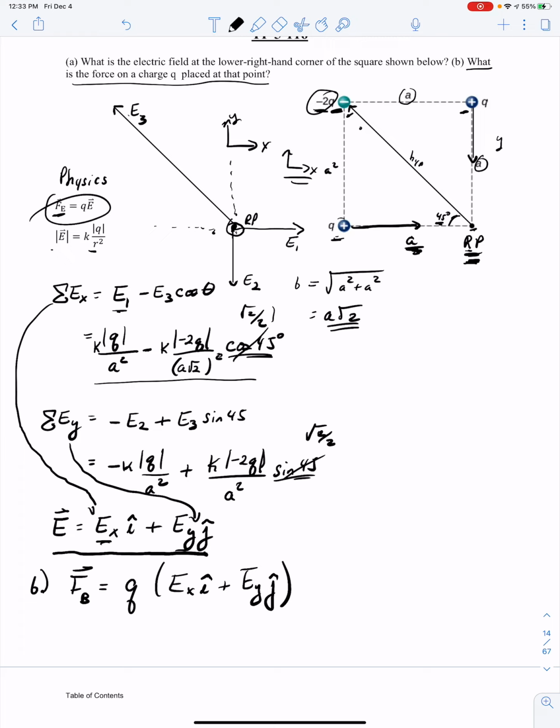Once we analyze the electric field, it was just a matter of putting a charge in there to identify the force experienced on that charge at the reference point.